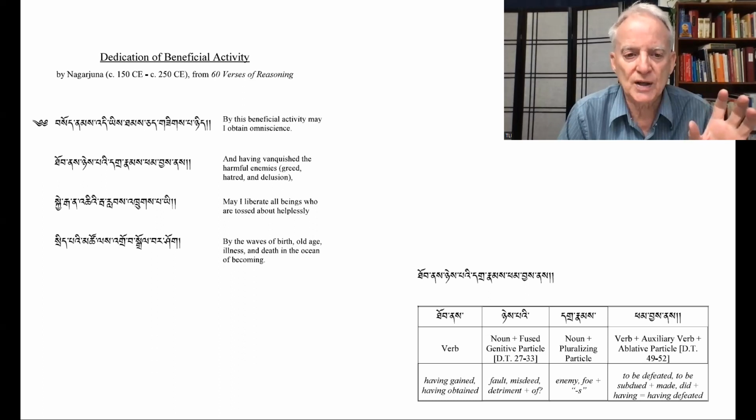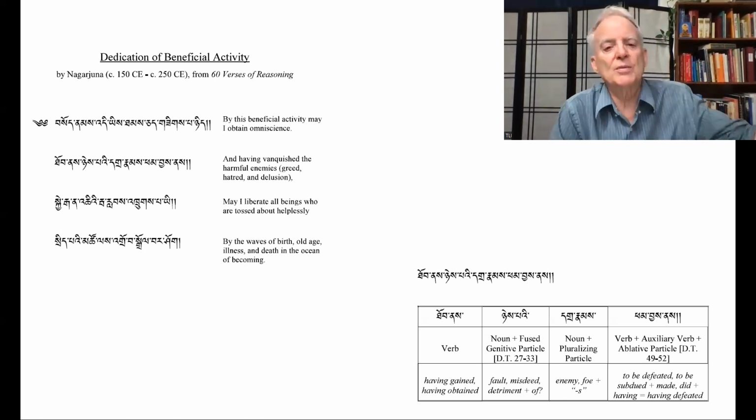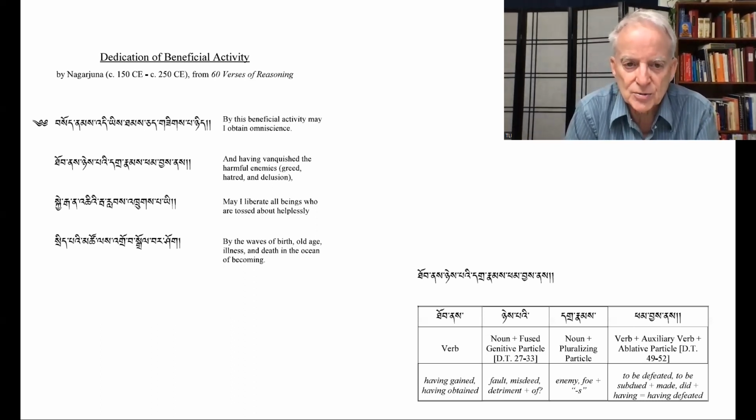So we have to assume that. So by this beneficial activity, may I, having obtained omniscience and having vanquished the harmful enemies. Then in the final translation at the top of the page, we put in parenthetically that the harmful enemies we're referring to aren't the people in the next country or neighborhood, but they're the internal enemies of the afflictions such as greed, hatred, and delusion. So that concludes our part A, lines 1 and 2.